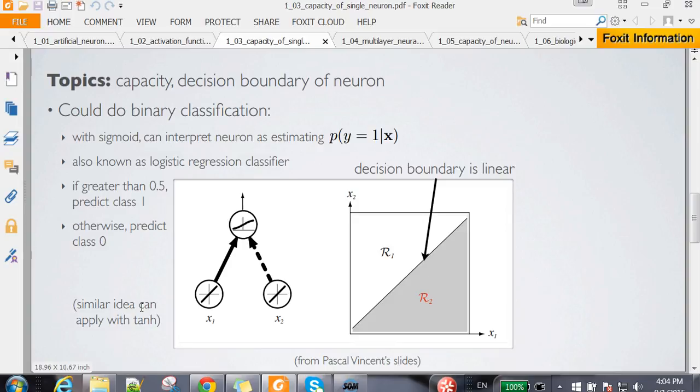Anyway, so with a sigmoid function, we can interpret the output of the neuron, the activation, as estimating the probability that the output is 1 given x. This is the conditional probability that y is equal to 1. That means like 1 or 0, like yes or no, or sweet or sour, given the input vector.